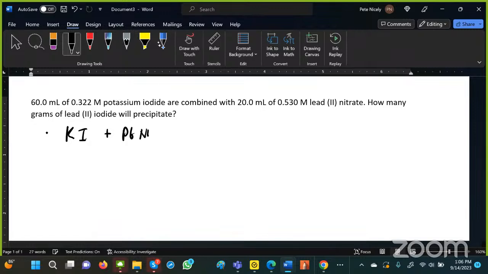NO3, and you're missing something. Lead(II) nitrate. Exactly. Very good. Okay, so those are the reactants.